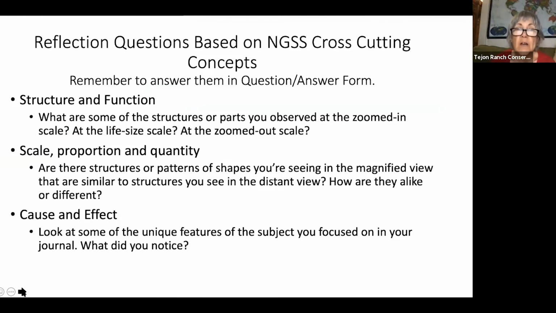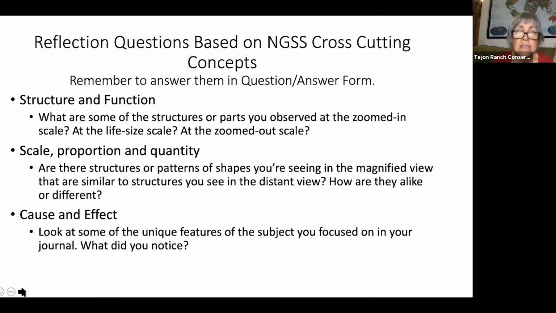So for structure and function, what are some of the structures or parts you observed at the zoomed in scale, and at the life size scale, and at the zoomed out scale? Then for scale, proportion, and quantity, are there structures or patterns of shapes that you're seeing in the magnified view that are similar to structures you see in the distant view? How are they alike or different?